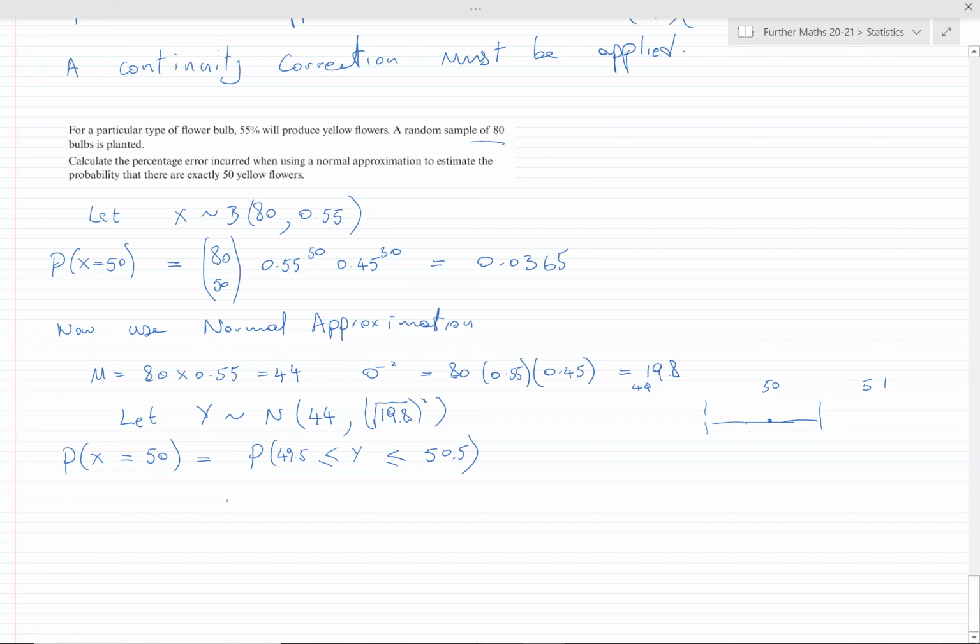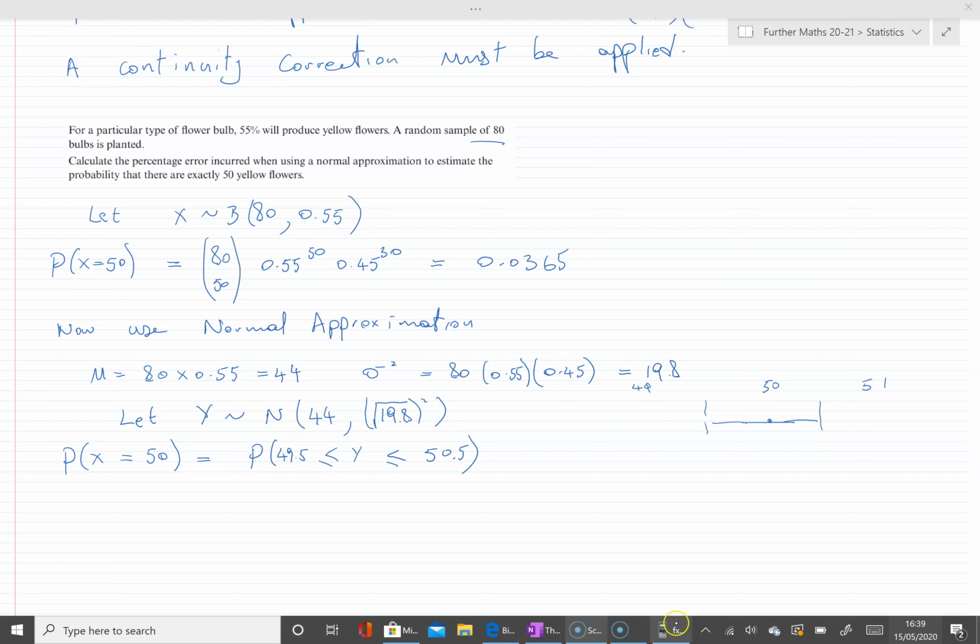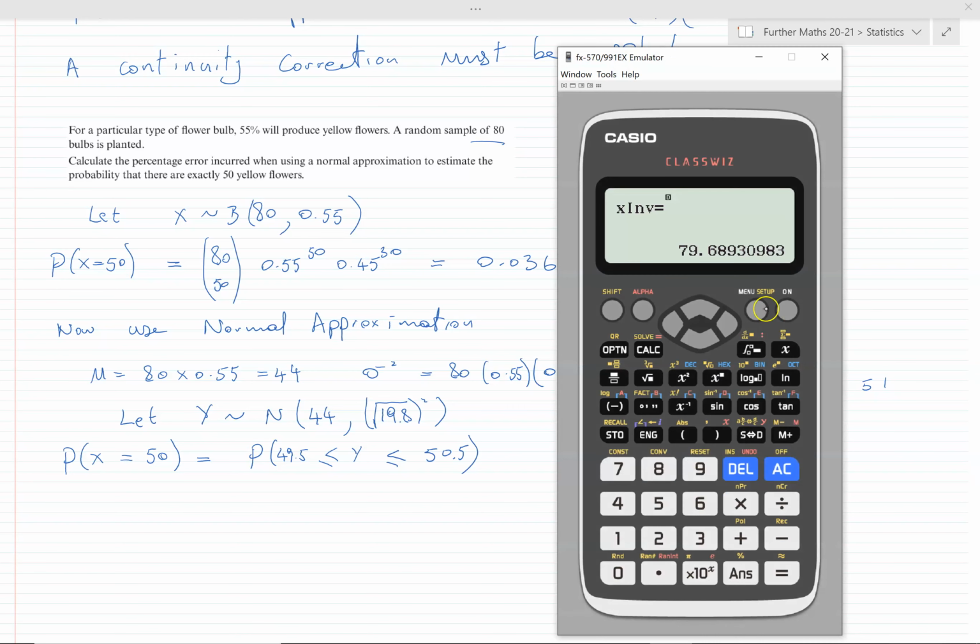Okay, let's do that then. Right, so here we go. Menu 7, and we're dealing with normal CD. Oh no, I got it wrong. Menu 7, we've got normal CD, which is 2. The lower value we want is 49.5.